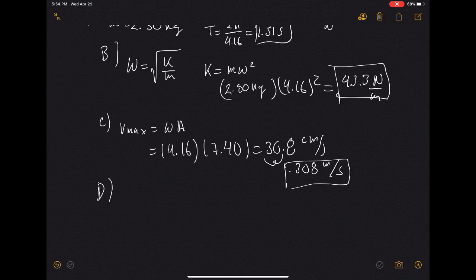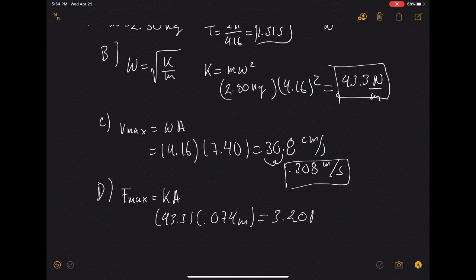So we're gonna use force max equals k times A. Our k is the number we just got, which is 43.3, times the amplitude that we already know, 0.074 meters, and that's 3.20 newtons.